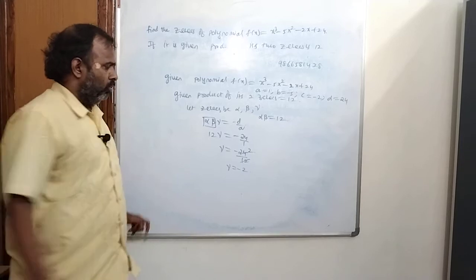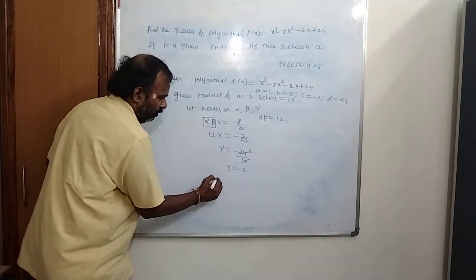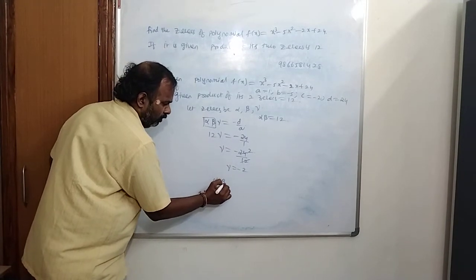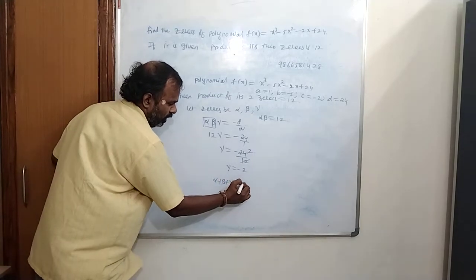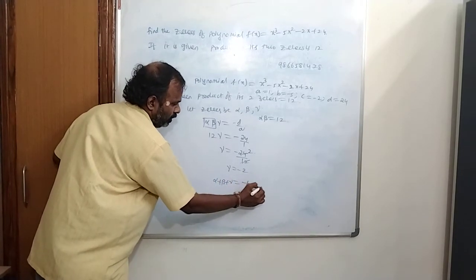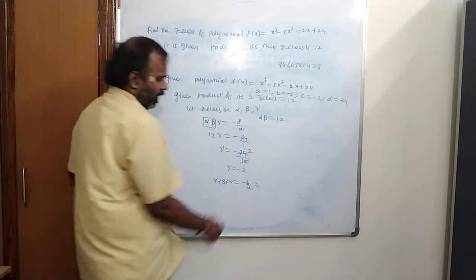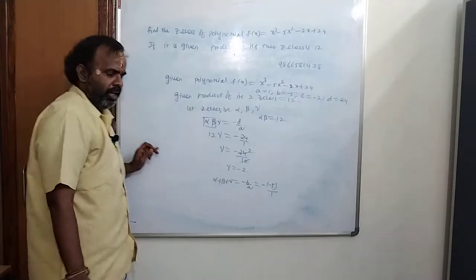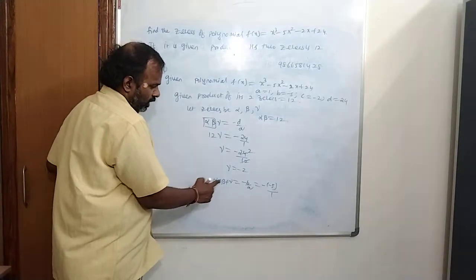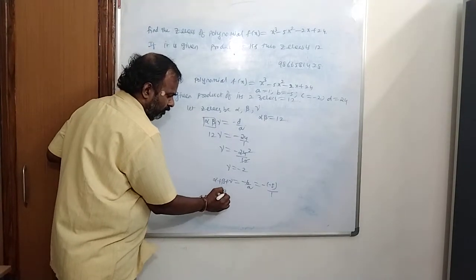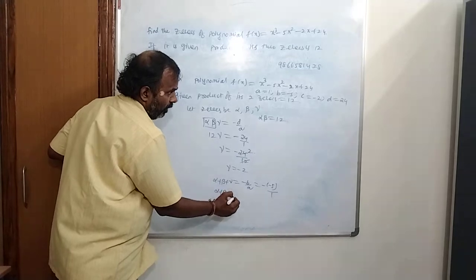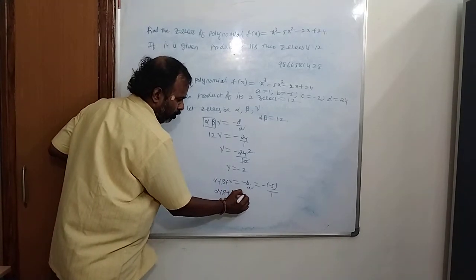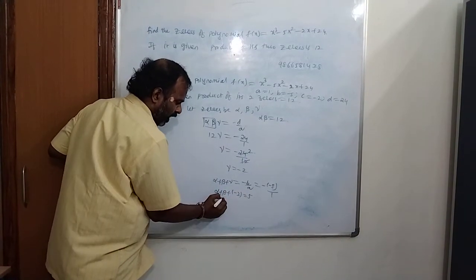Okay. Now let us take the sum of zeros. Alpha plus beta plus gamma is equal to minus b by a, minus of minus 5 by 1. So here alpha plus beta will be as it is, gamma is minus 2, is equal to 5.